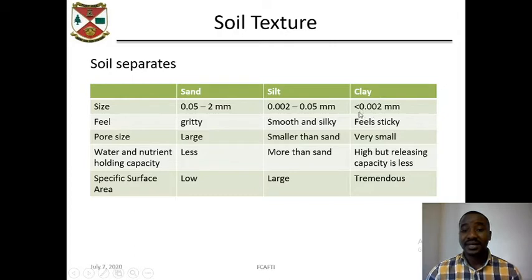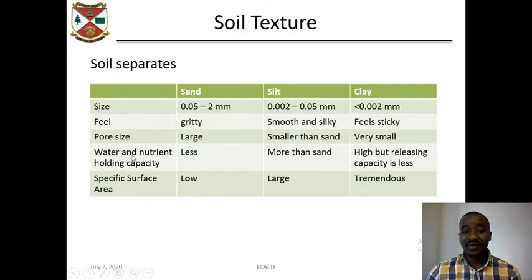So if we skip silt and go to the clay soil particle, we've said that these are the particles that are less than 0.002 millimeters in size. And these clay particles, when they are wet in your hand, will feel sticky, like moist putty. The pore size of clays is very small, because clay particles are very tiny, and the water and nutrient holding capacity of clay is very high.